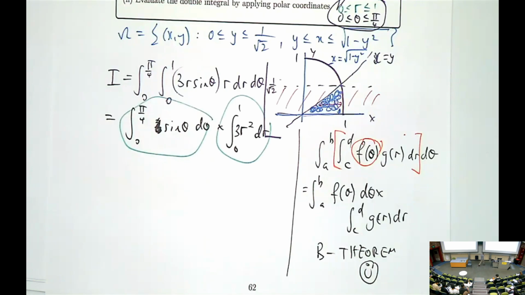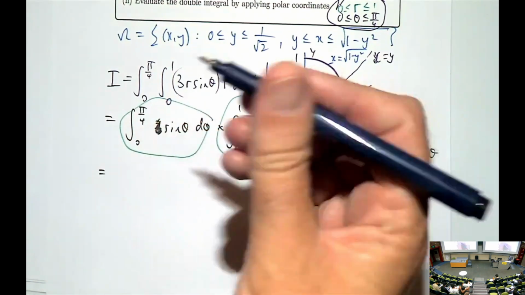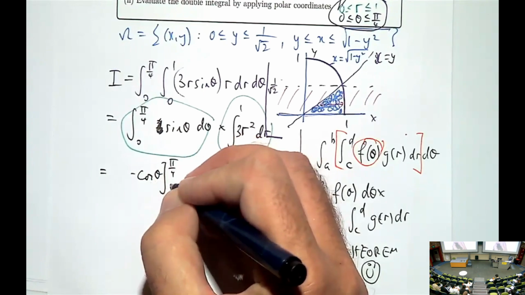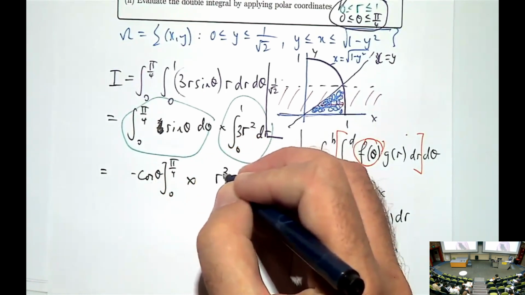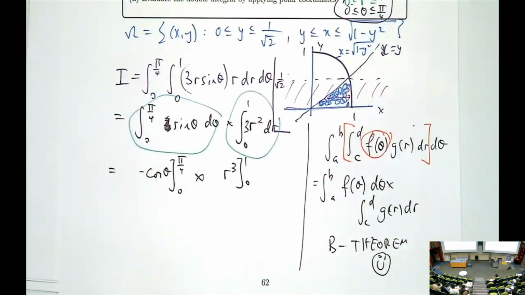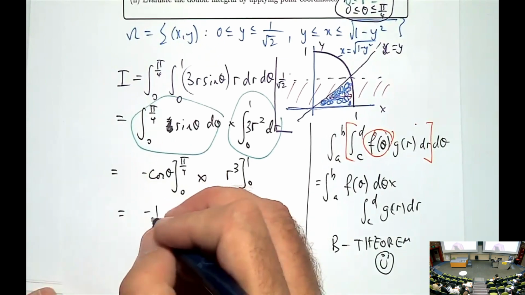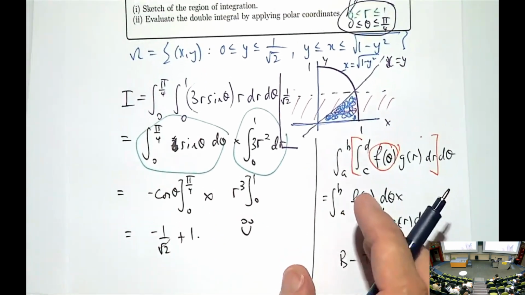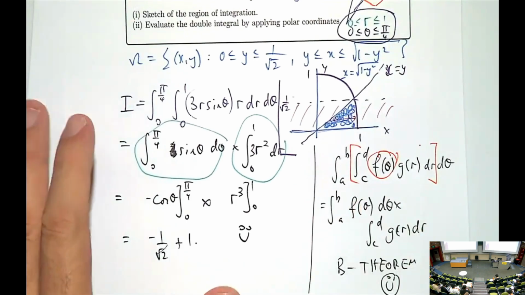Okay, let's do the integral and see if it works out. The first one's going to give you 1. The second one's going to give you something like -1 on root 2 plus 1.